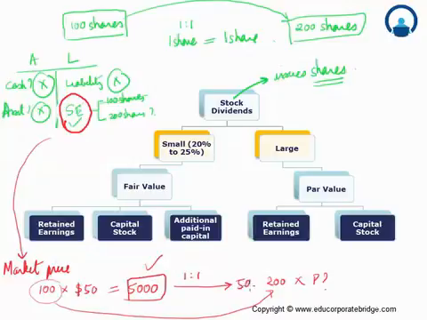The market value will remain the same at 5,000, and the only thing that changes is the price. This would be 5,000 divided by 200, which is equal to $25. So another impact, one on the shareholders equity, and second, the price of the share reduces in proportion to the stock dividend. Here it was 1:1, so the price actually halves.